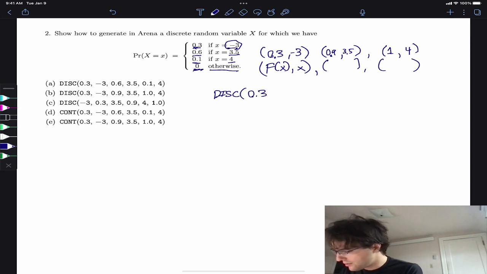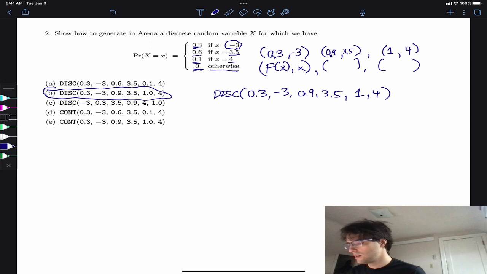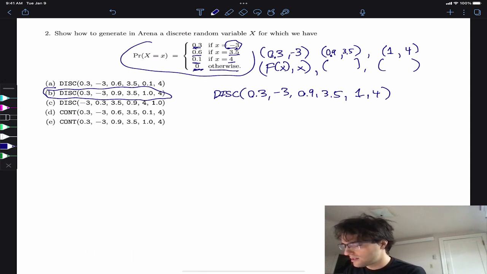So it's 0.3, comma -3, 0.9, comma 3.5, and 1, comma 4, and that's answer choice B. So it's really just a matter of being familiar with Arena syntax and understanding how to go from this to a CDF.